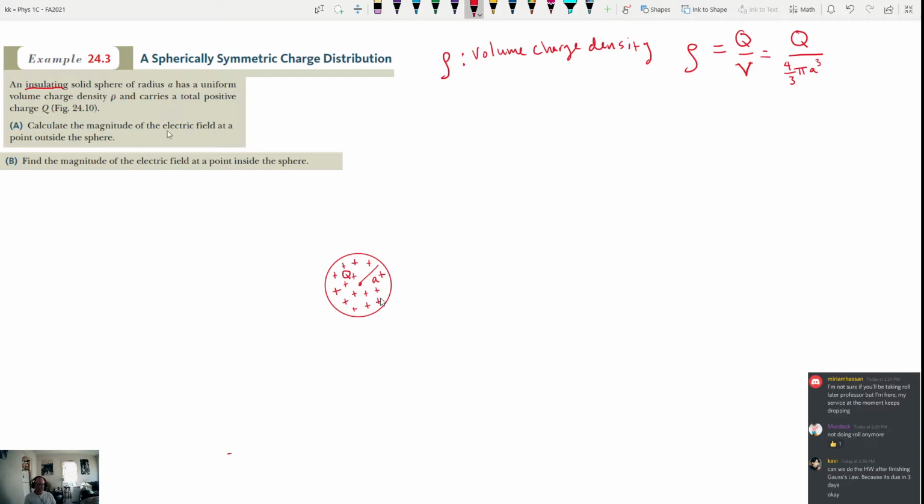Okay, so the first thing we need to do is to calculate the magnitude of the electric field at a point outside the sphere. So to do that, we're going to use Gauss's law. And the first thing we need to do with Gauss's law is draw electric field lines. So let's do that.